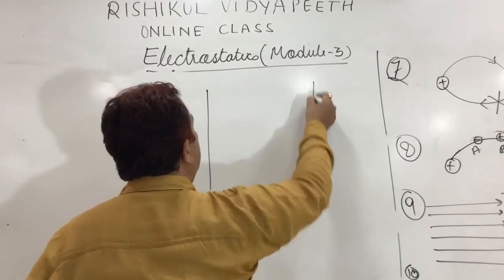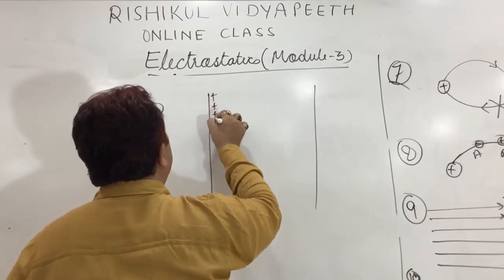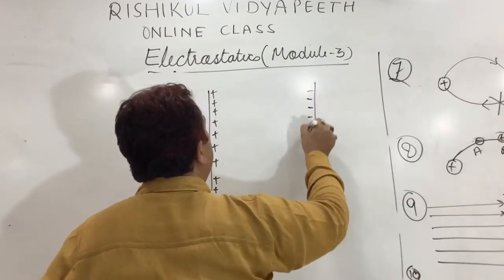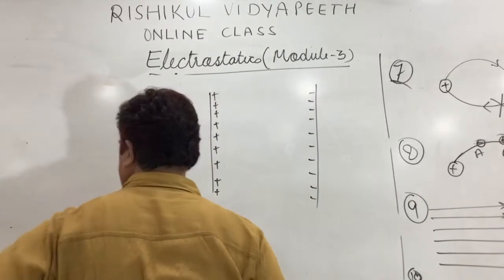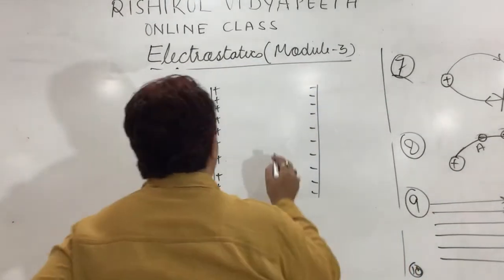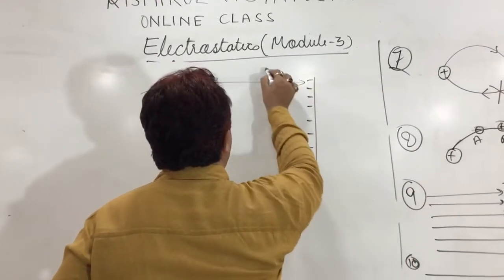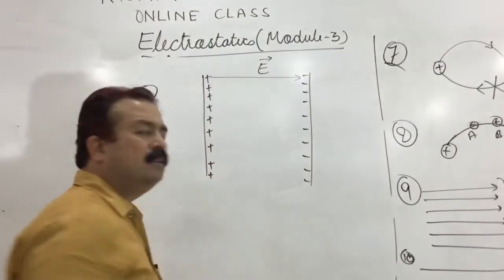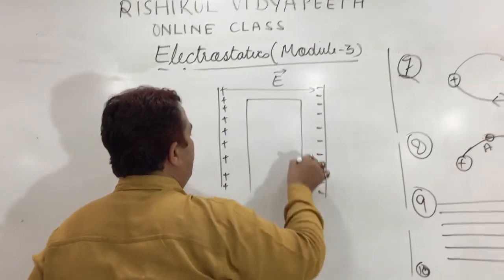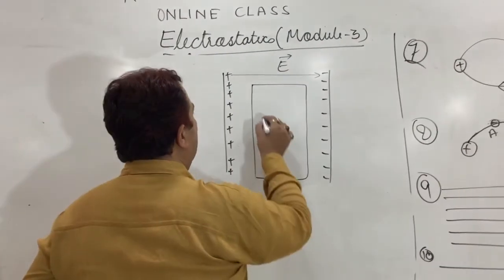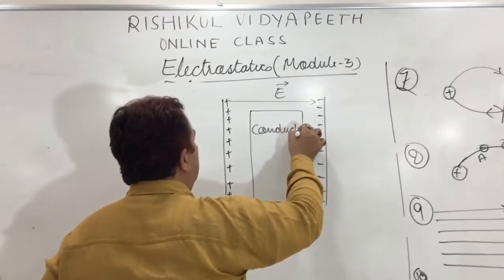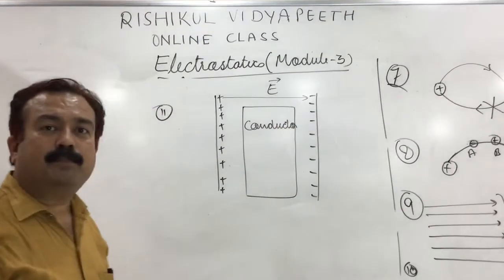If we are having a portion where the uniform electric field is present, then what will happen? We all know that electric lines of force start from positive and they end at negative. But if we place a conducting object in the strong electric field, then what will happen?